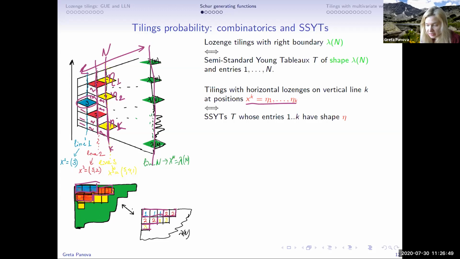Okay, so now what is the probability that we see horizontal lozenges at some particular position?